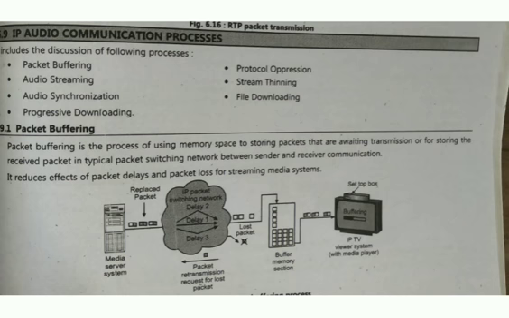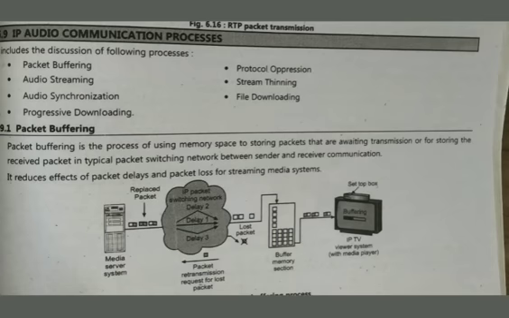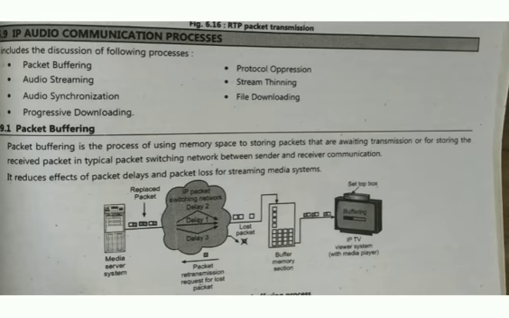The next process is audio streaming. What is audio streaming? It is a continuous transfer of audio information through a packet switching network that can be represented in the audio frequency band. Clients receive the data stream after a short buffering delay, then decode the audio and play it for the user.